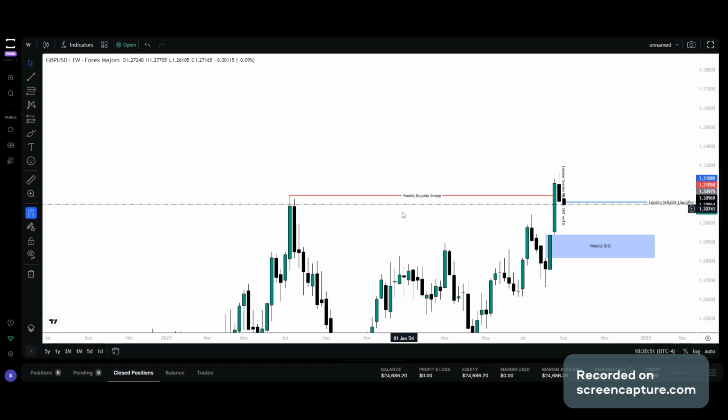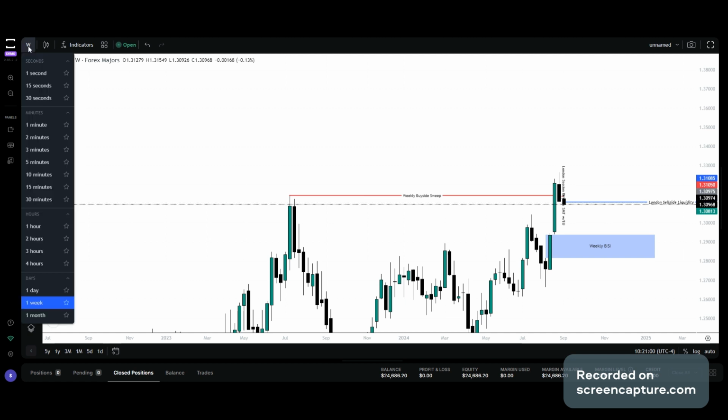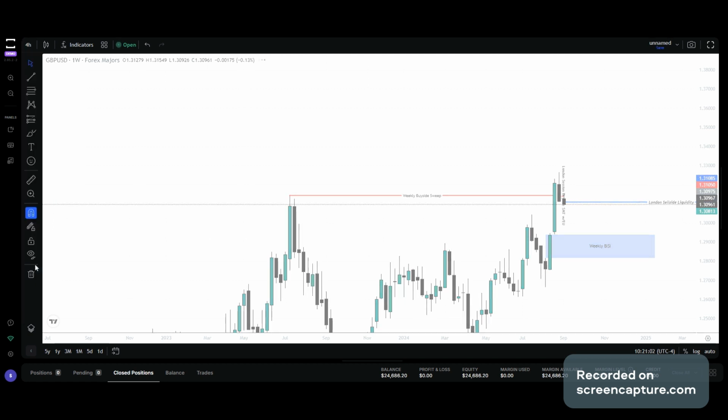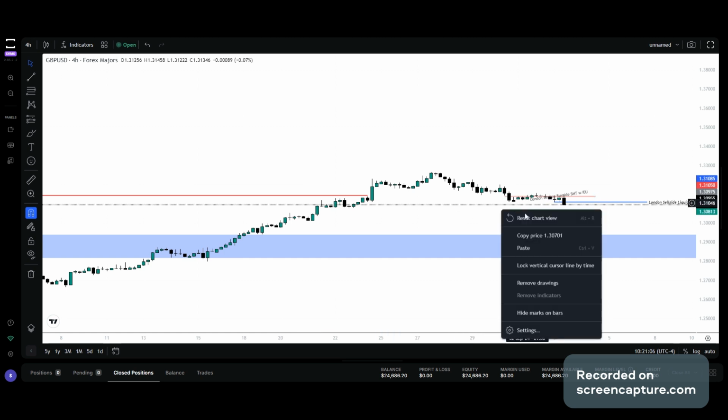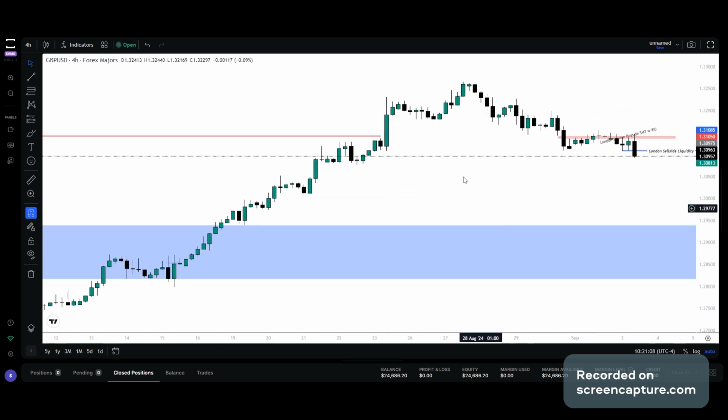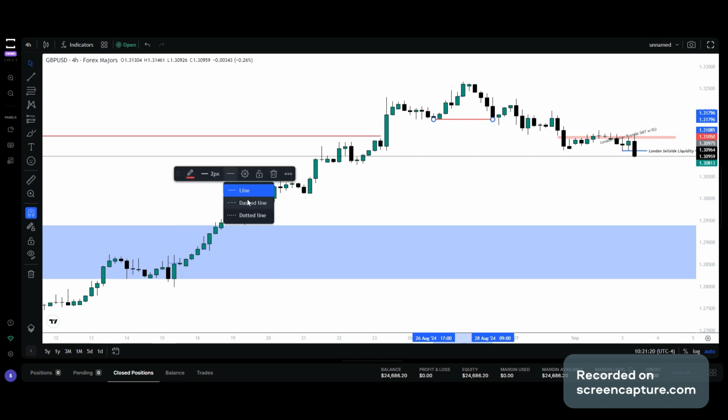Okay. And so for time frame alignment purposes, once I see a weekly buy side sweep, I like to see a 4 hour displacement bearish. So now dropping down to the 4 hour. So we got that here, right here.